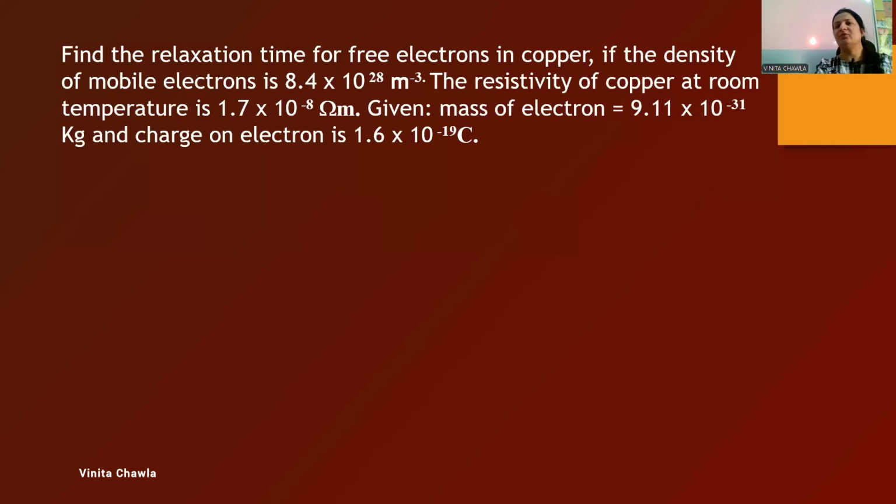Find the relaxation time for free electrons in copper if the density of mobile electrons is given. It is 8.4 into 10 raised to the power 28 per meter cube. So this is number density, right? So we'll write small n for this.